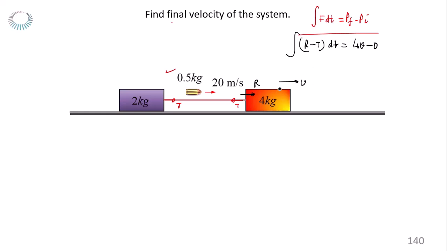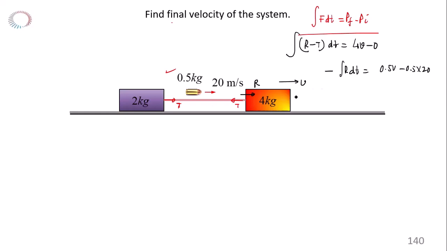Similarly, I can apply the same impulse momentum equation on the bullet itself. On the bullet, R is acting in the left direction, so minus integration of R dt equals P final. The bullet is moving finally with velocity 0.5 v, and the initial momentum is 0.5 into 20, so minus 0.5 into 20. This is the bullet equation.